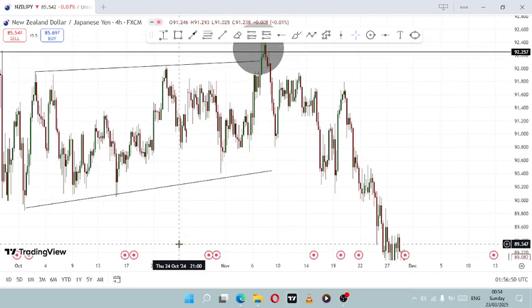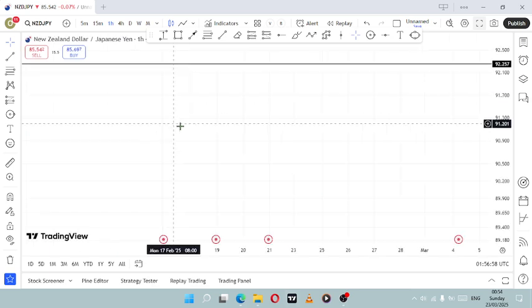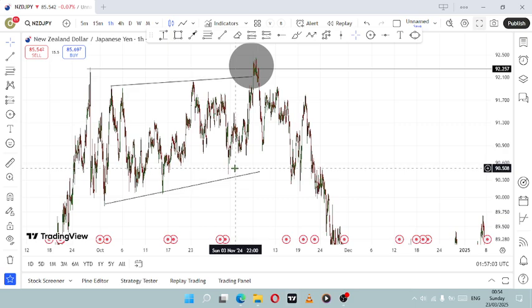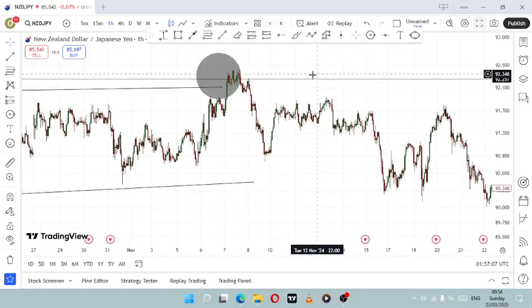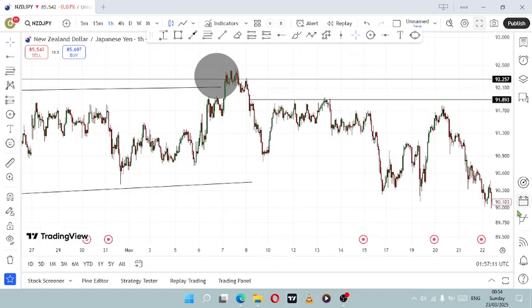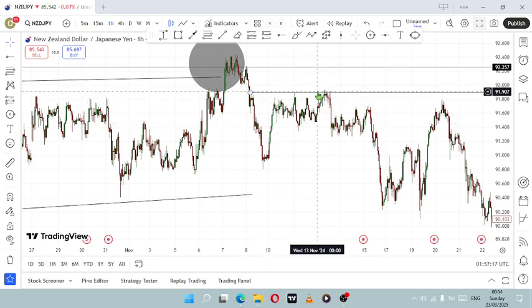I will go to the lower time frames to identify the structure. Here on the 1 hour we can see that there was a hook point here, when price moved impulsively and the correction nearly tapped into the structure.